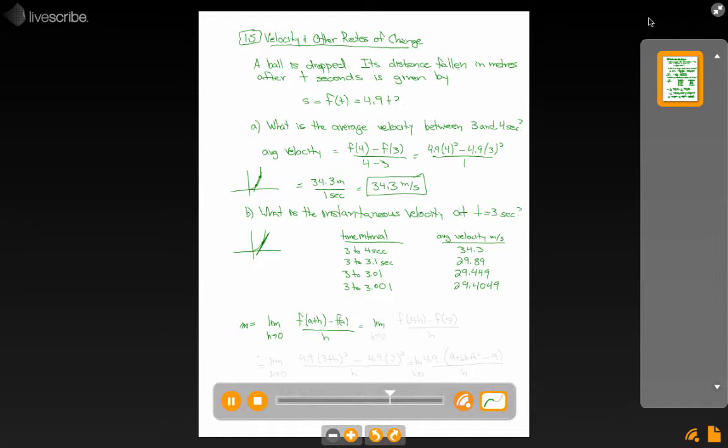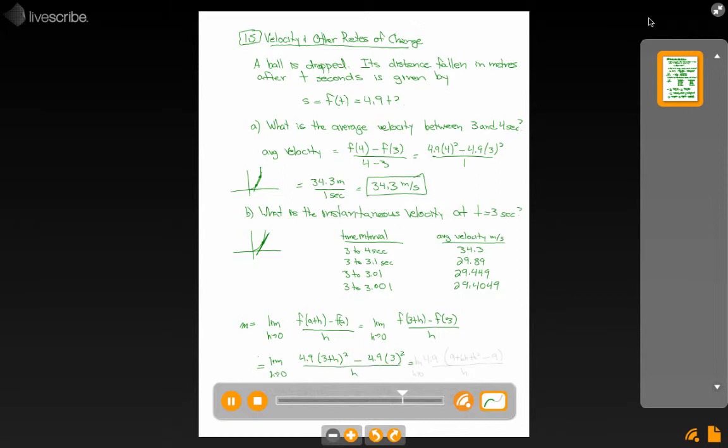In this case, the limit as h goes to 0 of f of 3 plus h minus f of 3, over h. So what does that look like? It means 4.9 times 3 plus h squared minus 4.9 times 3 squared, divided by h.